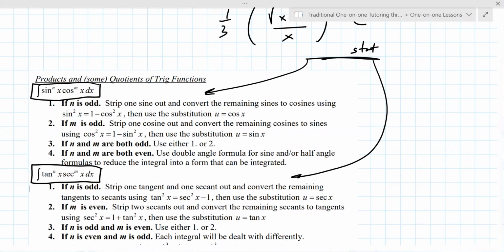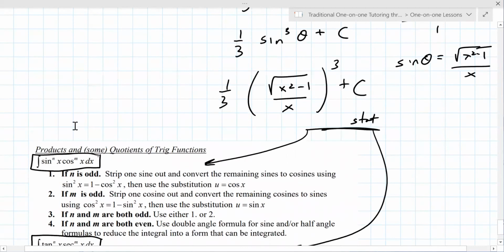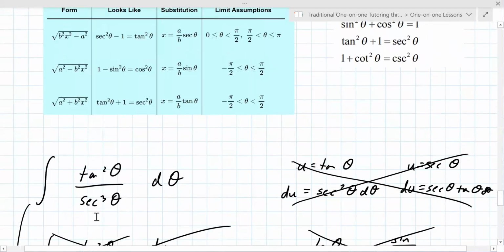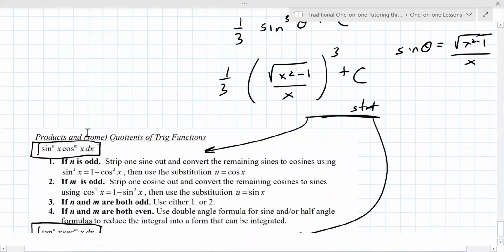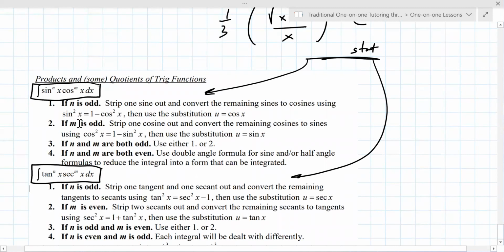What did you get on the exam, or was this the only trig one? Let me check. Was there a cosine sine problem, like sine 7, cosine 6? I think that was the only one.